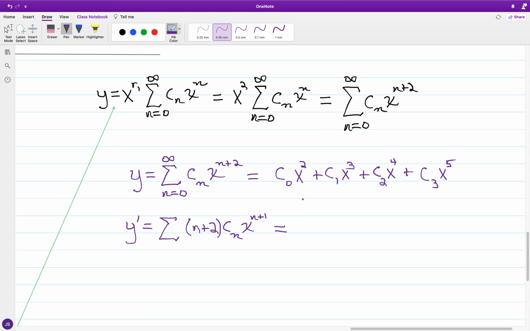So the first order derivative, you'll have 2c naught x, plus 3c1 x squared, plus 4c2 x cubed, and plus 5c3 x to the 4th. And if you notice, the first subscript value we have is 0, so you're still going from 0 to infinity.